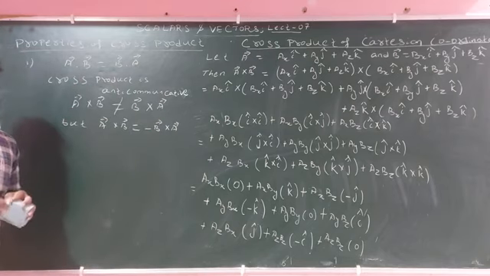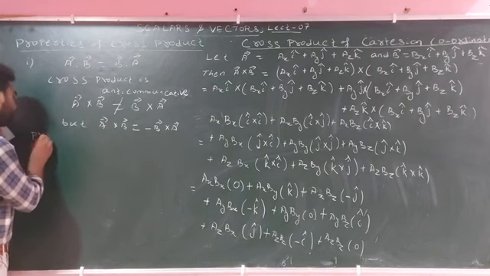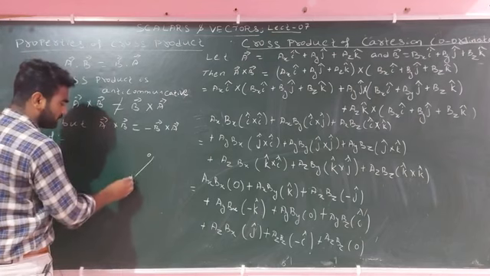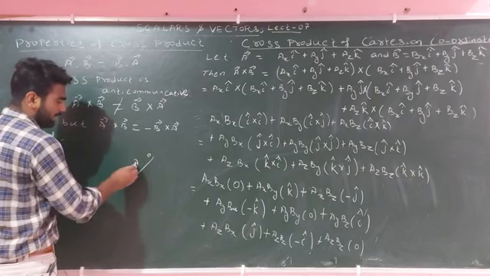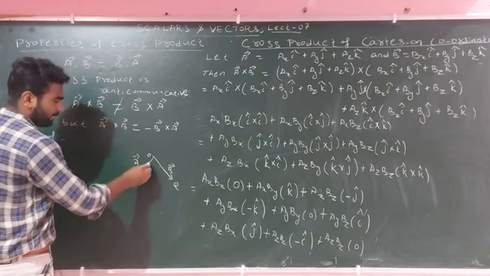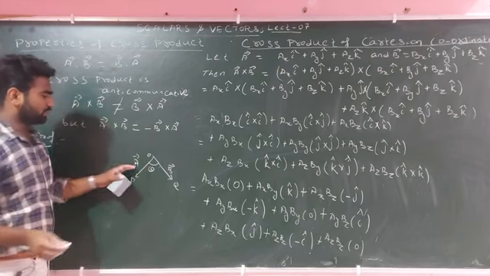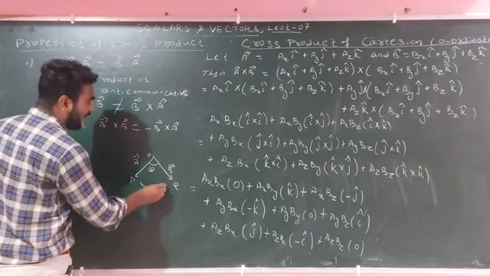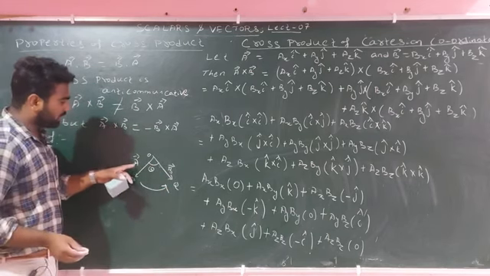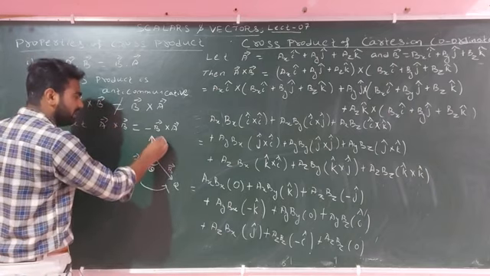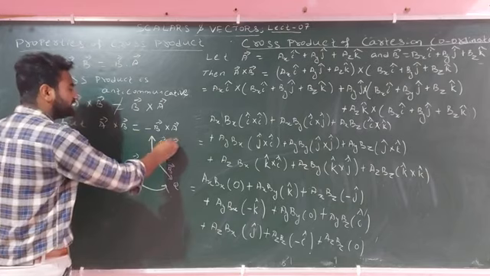The cross product does not obey the commutative rule. Proof: consider OP as A vector and OQ as B vector. If theta is the smaller angle between A vector and B vector, and we move anti-clockwise through the smaller angle from A to B, then A cross B is directed upward.